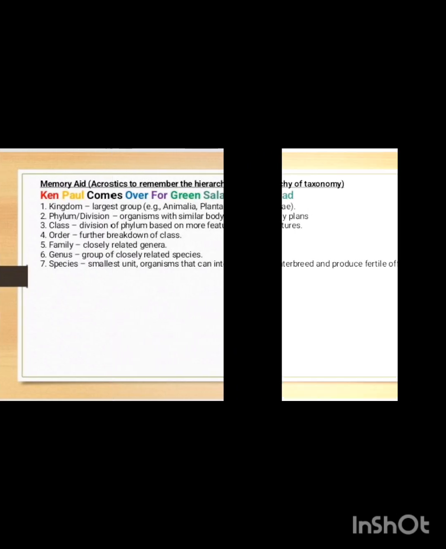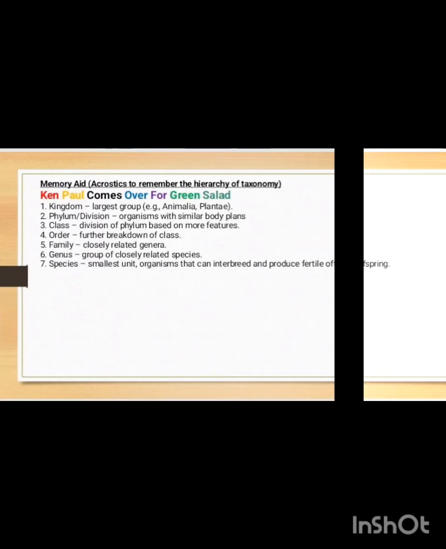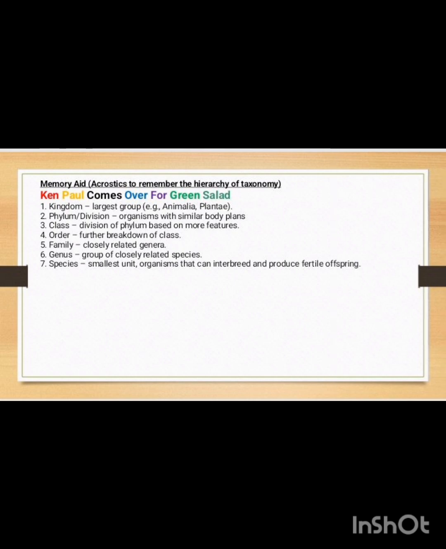I have an acronym here that helps students to remember the hierarchy of taxonomy, using the first letter of each level: K, P, C, O, F, G, S. I use "Ken Paul comes over for green salad." The largest group is the kingdom, and the smallest is the species.